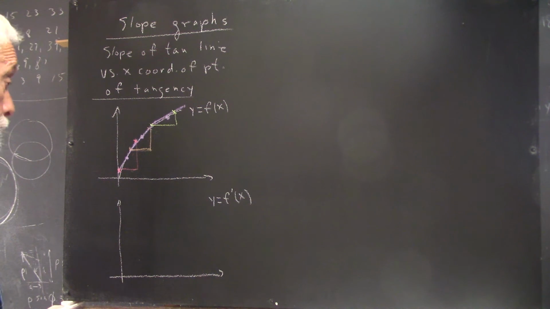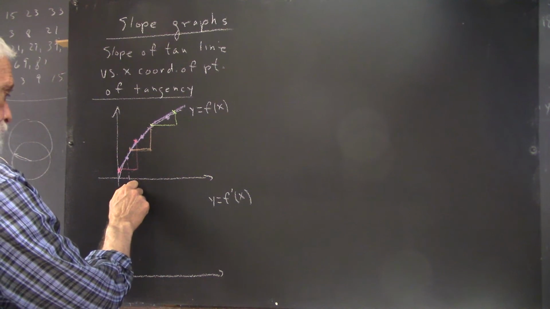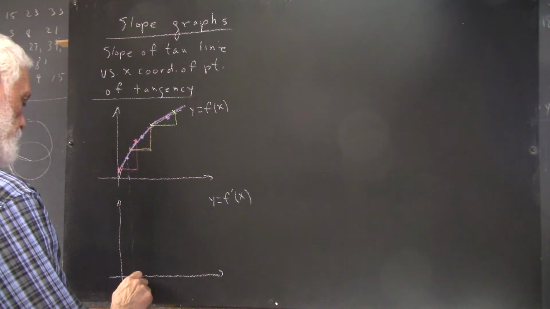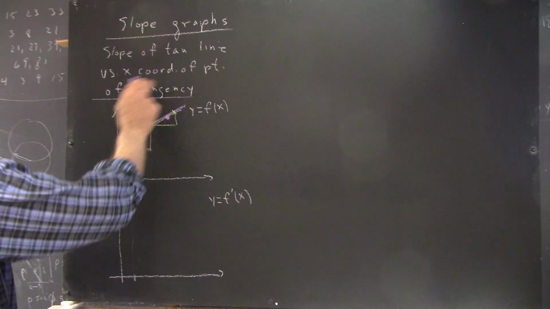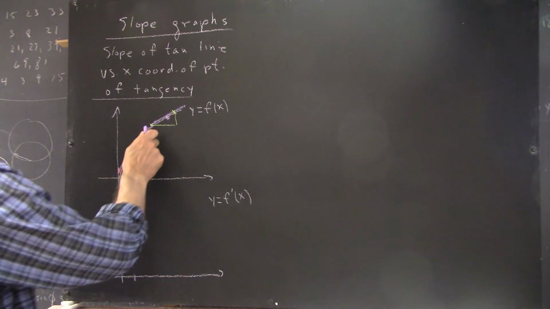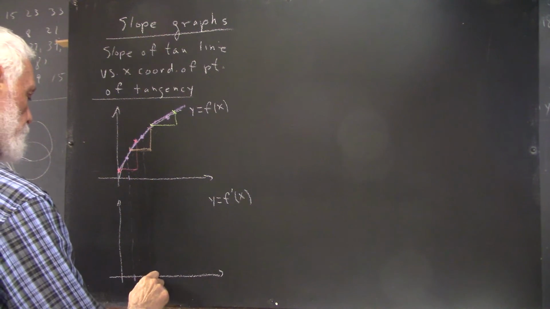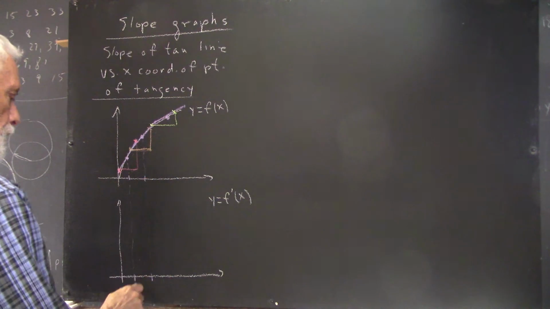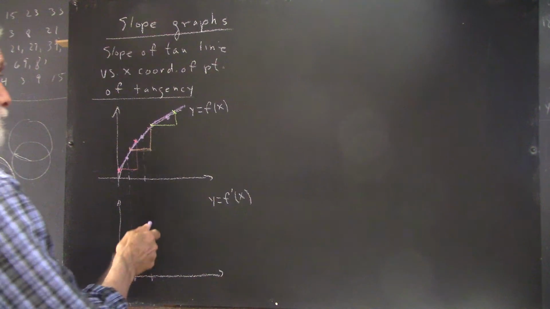to represent the slopes. Remember, these graphs are unlabeled, so let's say here's the x-coordinate of this point of tangency. That's what we mean by the x-coordinate of the point of tangency. Here's the next point of tangency, and here's its x-coordinate. And I've also sketched the x-coordinate in this graph here that's going to be my slope graph.